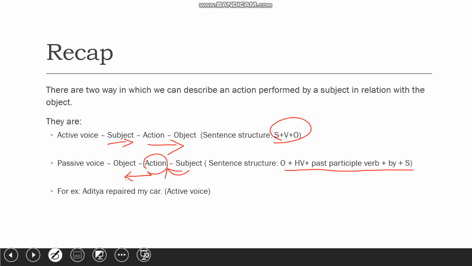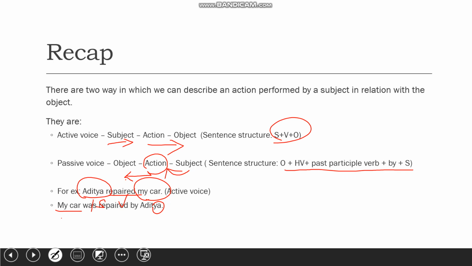For example, Aditya repaired my car. Here, this sentence is in active voice. Aditya is doing the action of repairing and the car is receiving that action. Whereas, my car was repaired by Aditya.